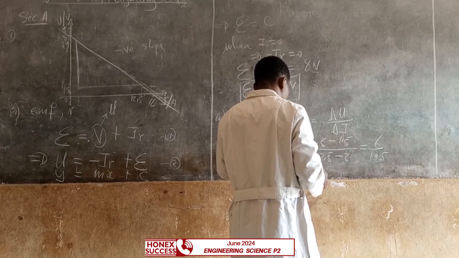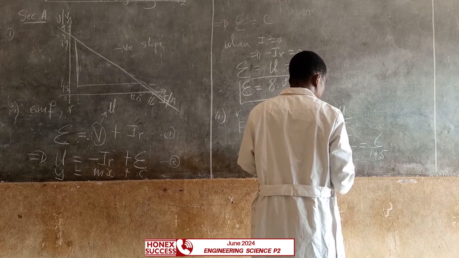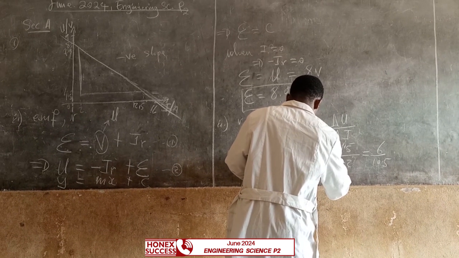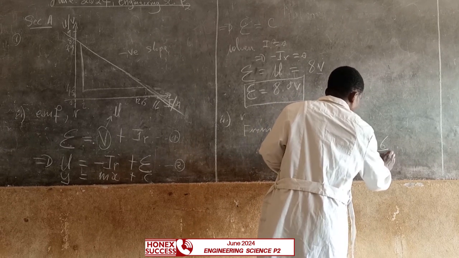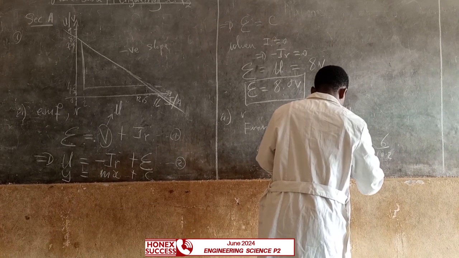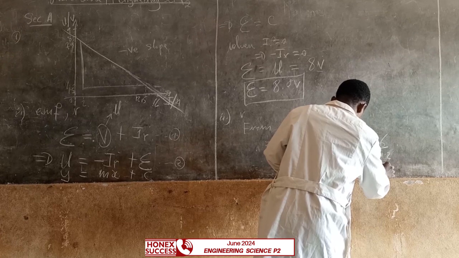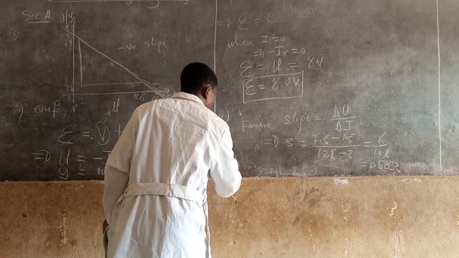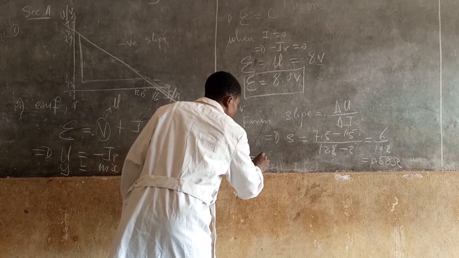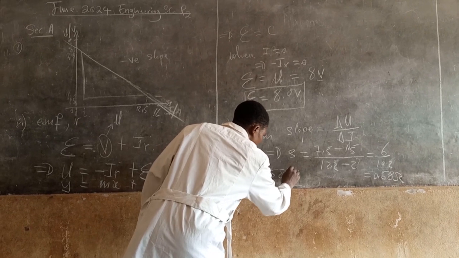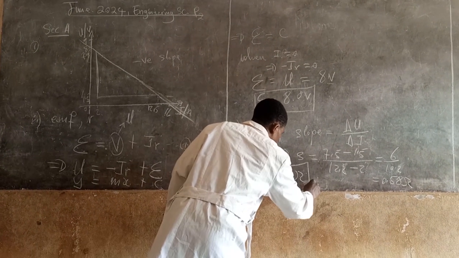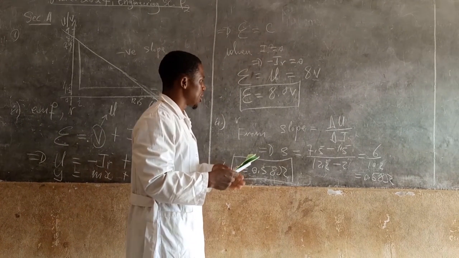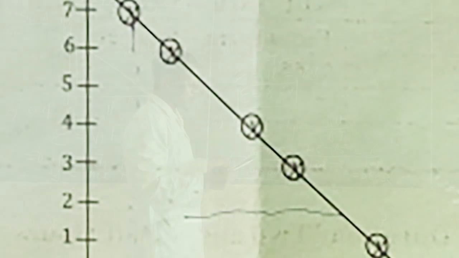When you carry out that division, you get a value of 0.57, in ohms, since it's internal resistance. Therefore, small r will be equal to 0.58 ohms. That is the value for our internal resistance, meaning that question 1 is already solved. This is actually what was required from you.